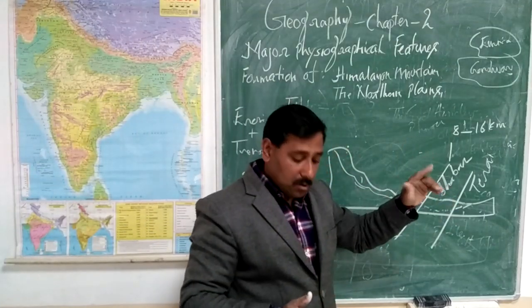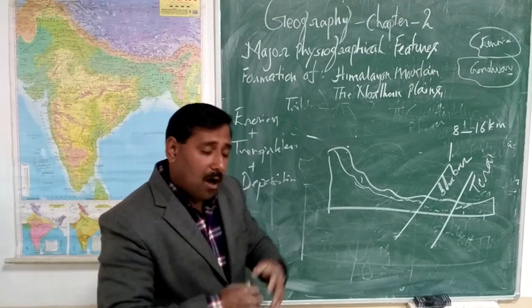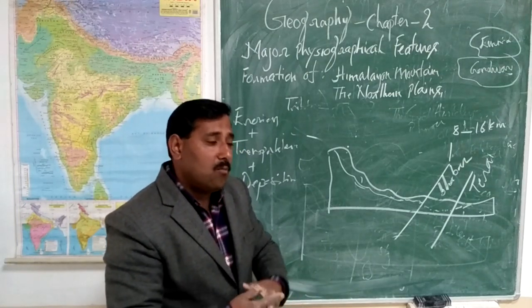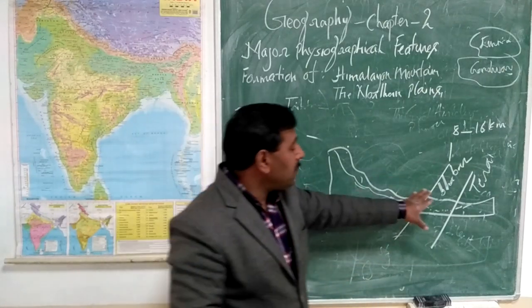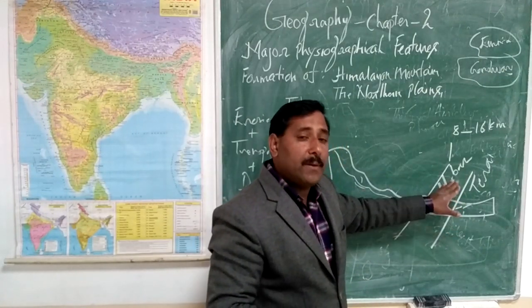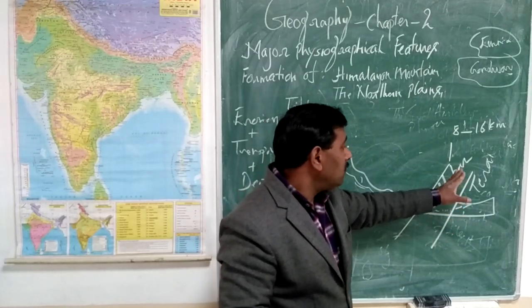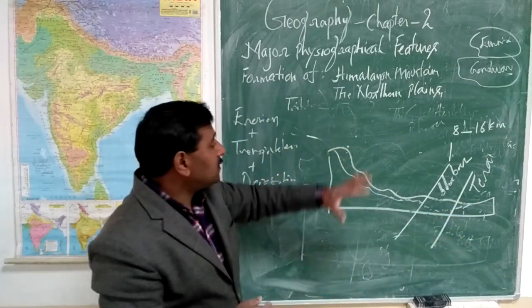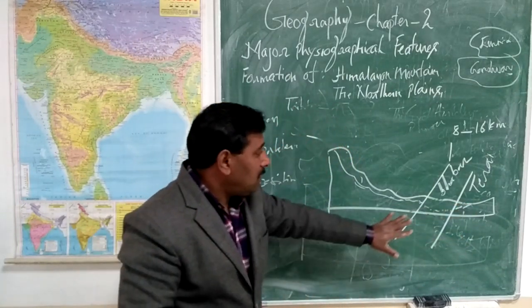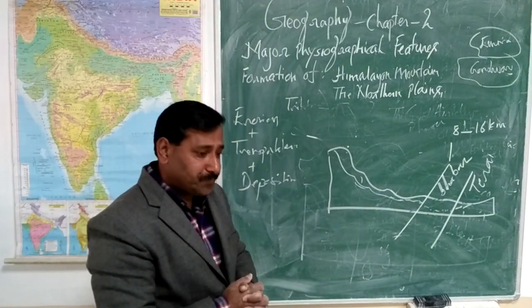We discussed the Khadar and the Bhangar soil, how they are developed, how important they are, how fertile they are, and the local names of the plain areas, which your parents must have told you, the Bhabar, Tarai, where you live in. So all this we have discussed today, which you have to keep in your mind.